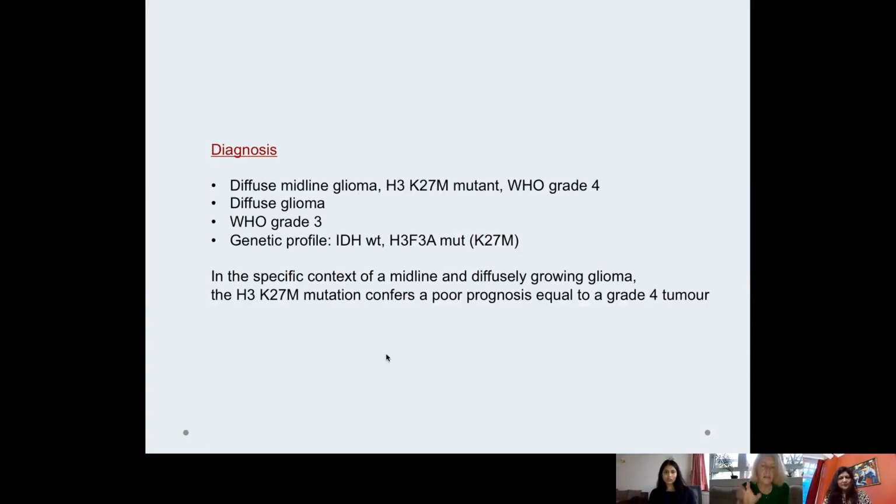In the context of a diffuse glioma located in the midline, and particularly in young patients, this mutation is always diagnostic of a high-grade, grade 4 tumor. These are very aggressive tumors with a very infiltrative type of growth.